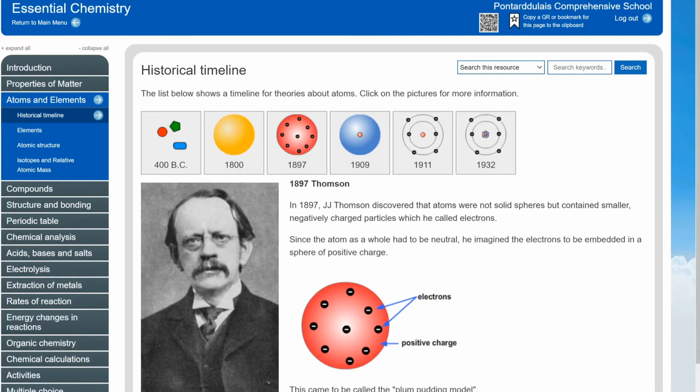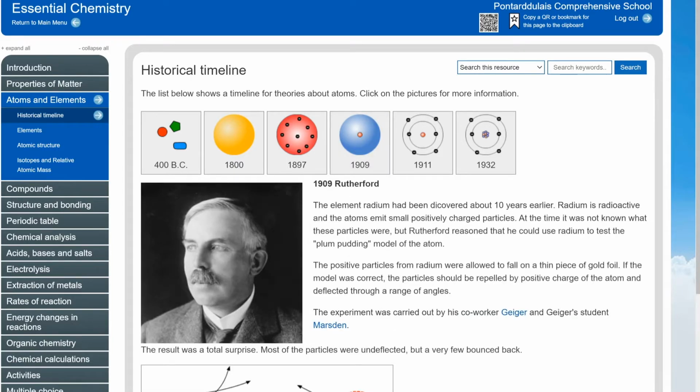J.J. Thomson came up with the plum pudding model in 1897, and then 12 years later, in 1909, Rutherford. And we see Rutherford now as coming up with our currently understood model of the atom.